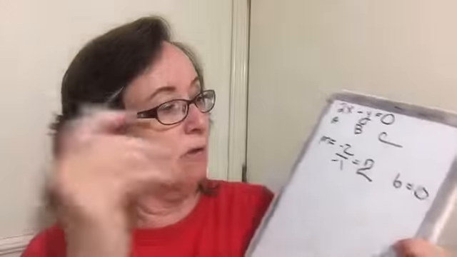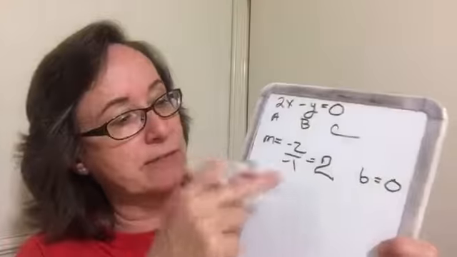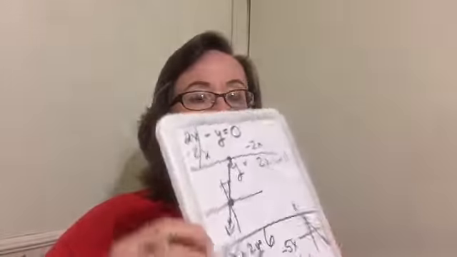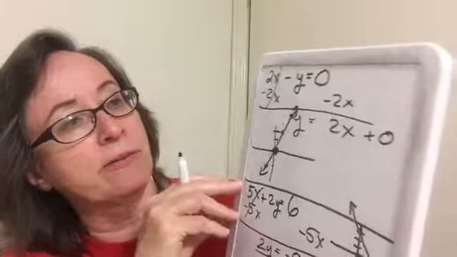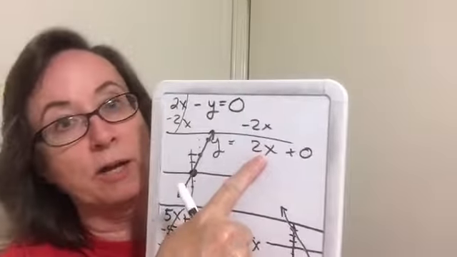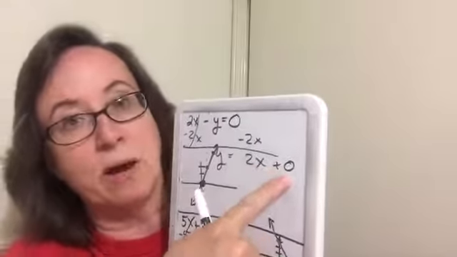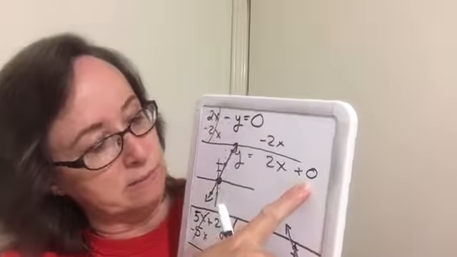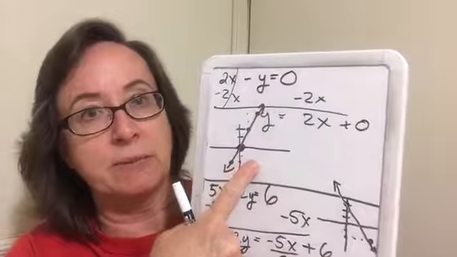Okay, now we were graphing using the slope and the y-intercept. Remember, we had turned this one around and the slope was 2 and the y-intercept was 0, and we graphed it this way.